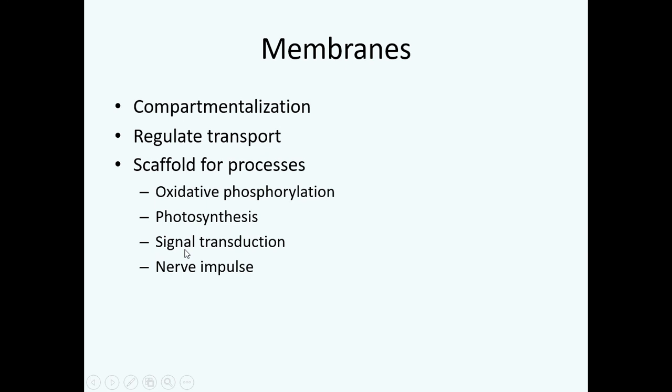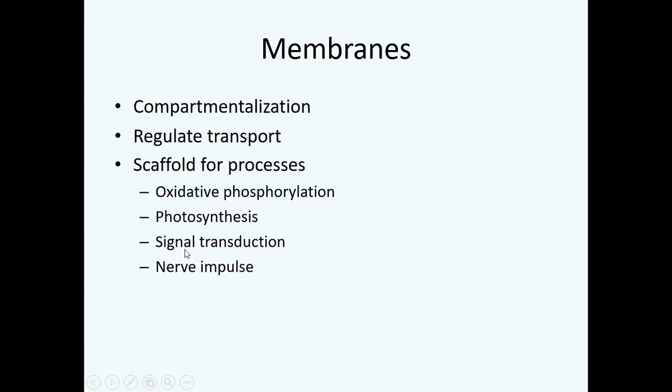Signaling or signal transduction is a process of transducing the signal to the interior of the cell. When a cell receives a signaling molecule, the message has to be transferred to the interior of the cell. Therefore, it has to cross the membrane. Now, most signaling molecules are unable to pass through the membrane themselves.